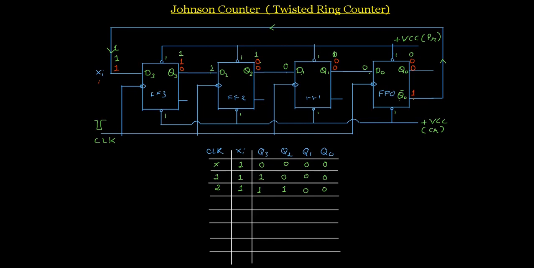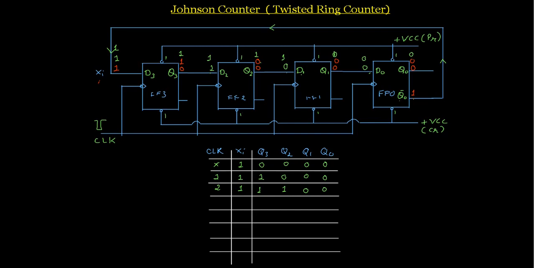Now let's see what the inputs of the different flip-flops are. The input to the second flip-flop is 1. Input to flip-flop number 1 is 1. Input to flip-flop number 0 is 0 and 1 appears here.